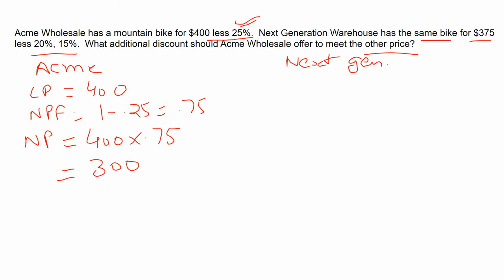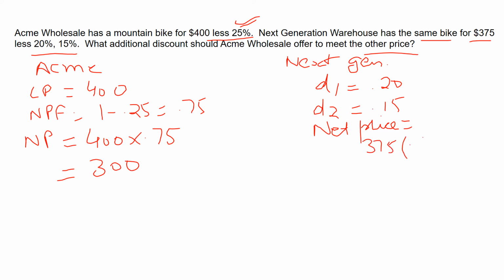Now for Next Generation, D1 is 0.20, D2 is 0.15, and the net price is list price, which is 375, times 0.80 times 0.85, and this comes out to be 255. Now Acme Wholesaler has to match this price.